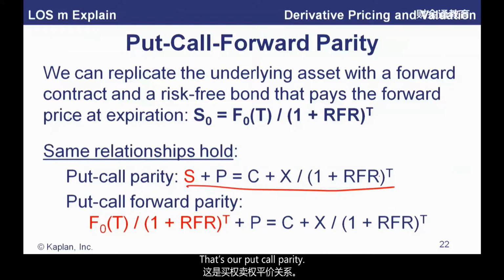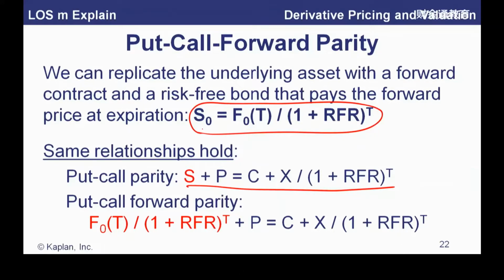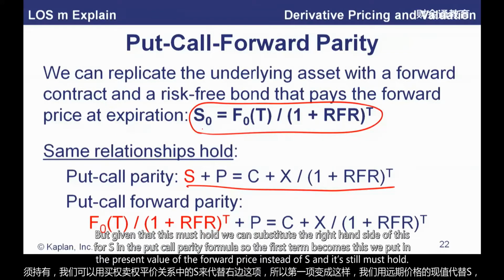That's our put-call parity. What we're going to do is go back to a result we had earlier and say that the asset price must equal the present value of the forward price. Again, this is when we had no cash flows, when we derived this relationship. But given that it must hold, we can substitute the right-hand side of this for S in the put-call parity formula, so the first term becomes this.